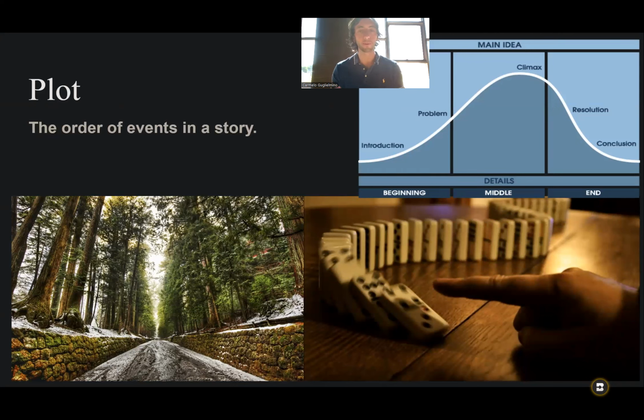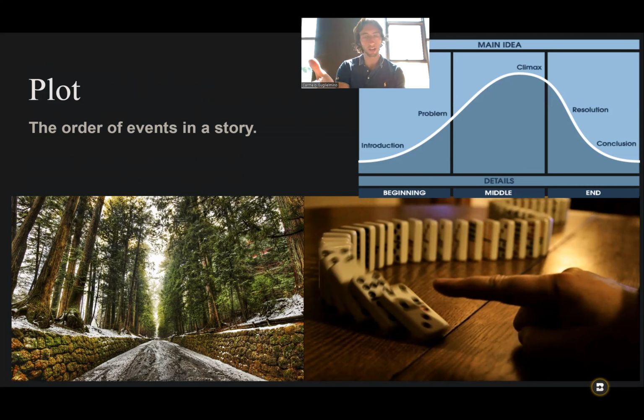Now, something even more basic, plot. I don't spend a lot of time on plot because it's not usually discussed that much. We could learn the whole plot map and how you have the distinguishing sections of a particular plot. Personally, as a teacher, I'm not that interested in those sorts of things. We're going to talk about a couple of videos from now about how a journey versus a tragedy plot is different.